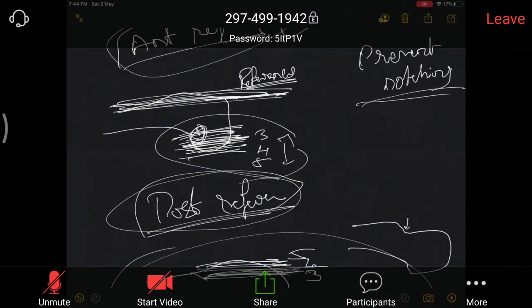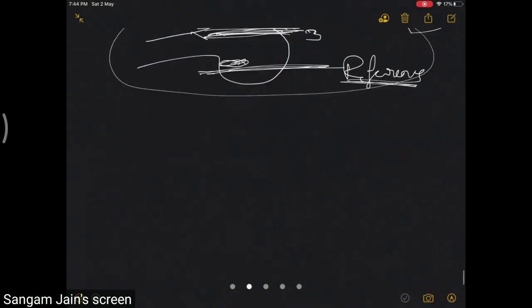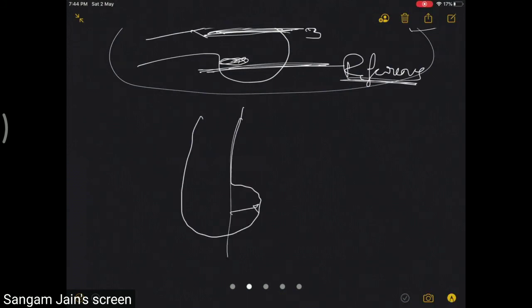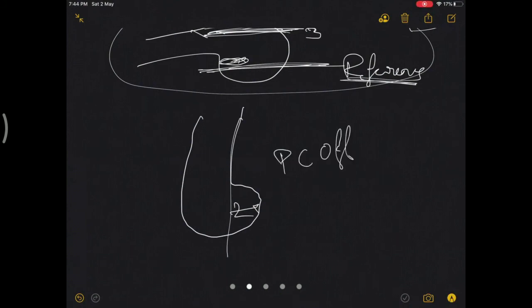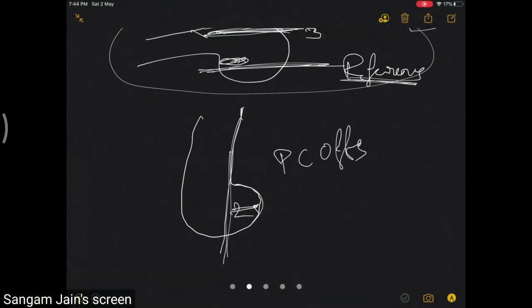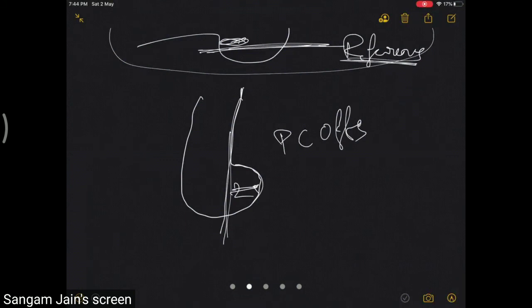And one more theoretical advantage is that there is something called the posterior condylar offset. The distance of the posterior condyle from the posterior cortex line is called the posterior condylar offset.